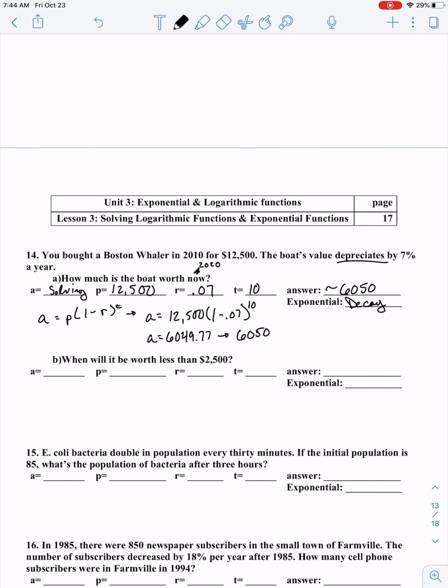So A is no longer equal to, but it's less than 2,500. P was my initial value, again still 12,500. Rate is 0.07 and it's decreasing. T is what we're solving for this time.